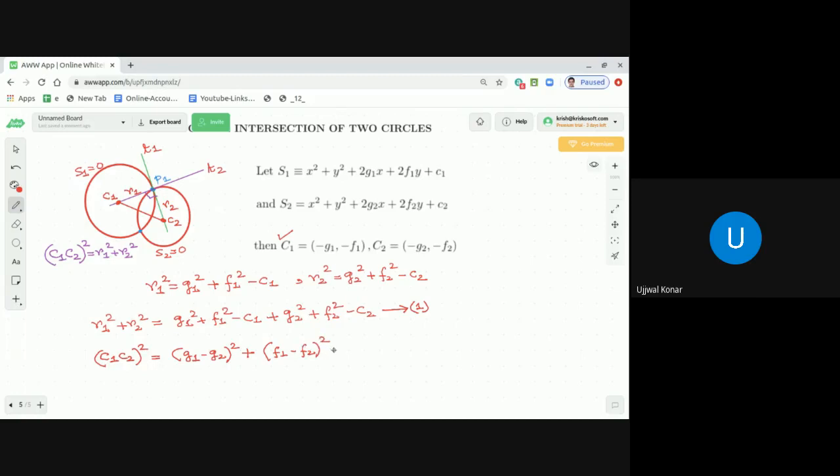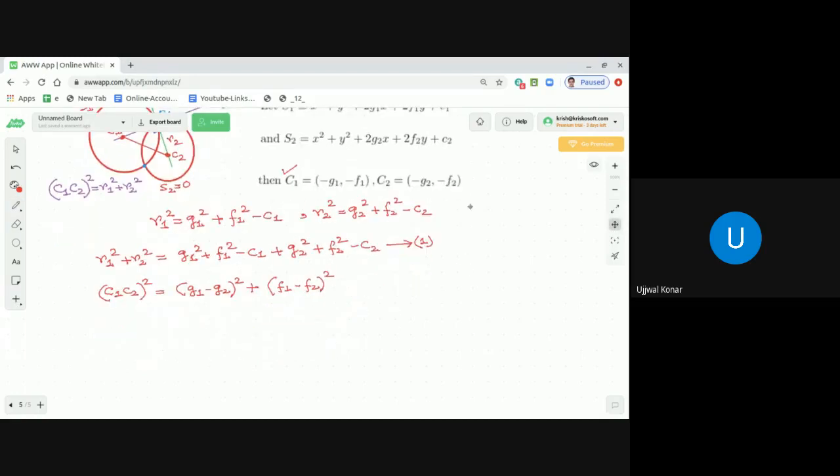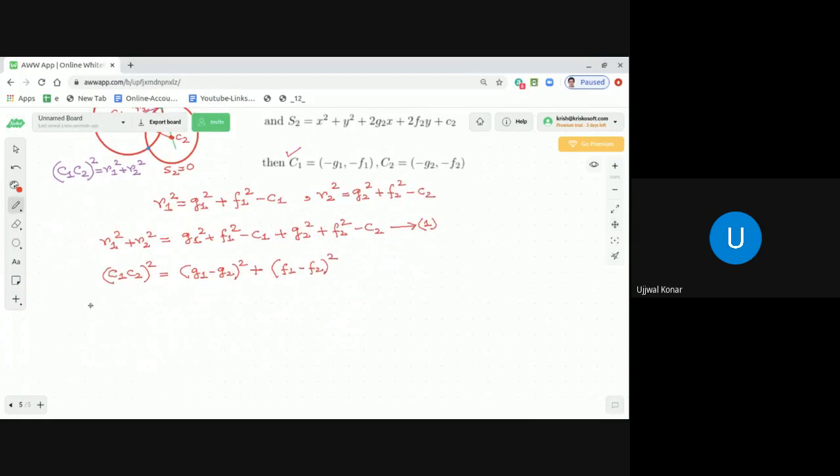So from here we can write C1 C2 whole square is equal to G1 square plus G2 square minus 2G1 G2 plus F1 square plus F2 square minus 2 F1 F2, and we call that equation 2.